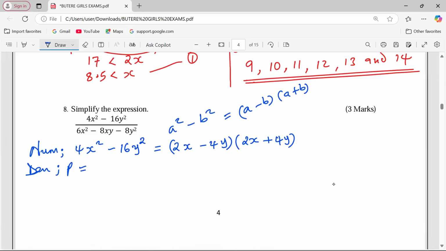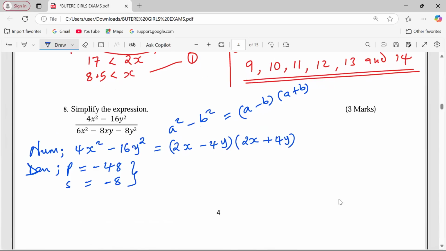Yeah, negative 48. So with negative 48, we can also take sum of b, which is negative 8. So which terms should be multiplied to give us negative 48 and added to give us negative 8?